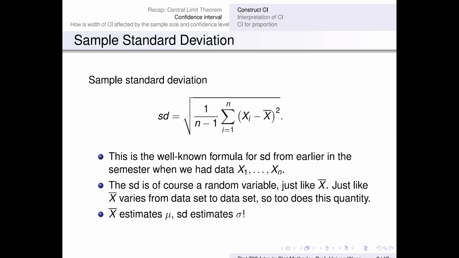That gives the degrees of freedom n-1. And this standard deviation is computed from the observed data xi. So if we do the experiment multiple times, we can expect the calculated standard deviation using this formula would also be different. So it is a random variable too, just like the X bar is a random variable.